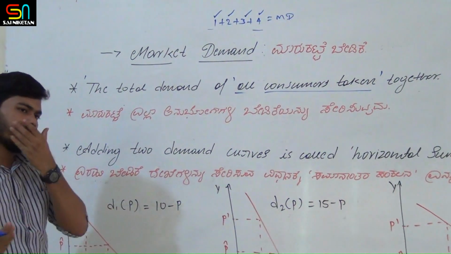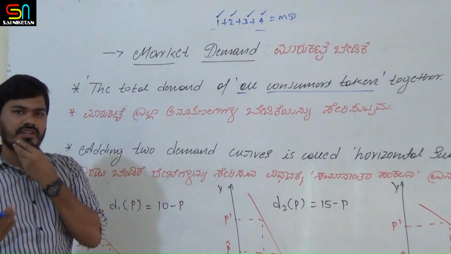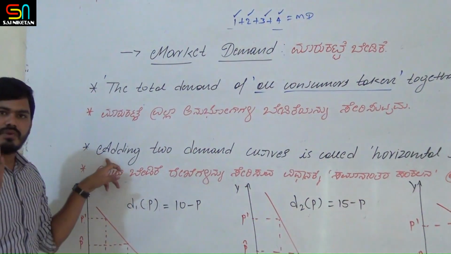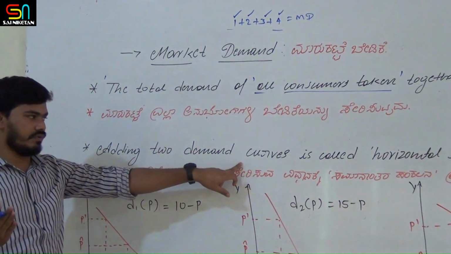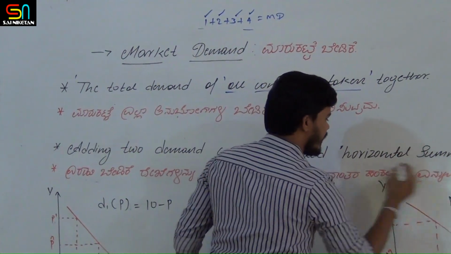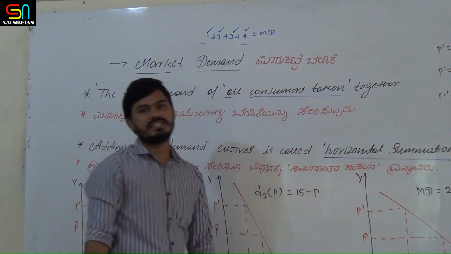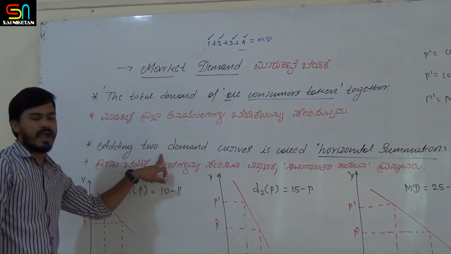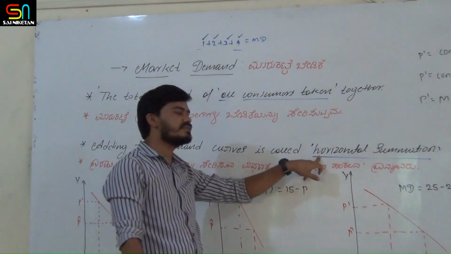One more question is most probably asked as a fill in the blanks, and it is very important for the annual exam. There is one method: adding two demand curves is called dash. Adding two demand curves, that method is called horizontal summation. Is it clear? Adding two individual demand curves is called horizontal summation.